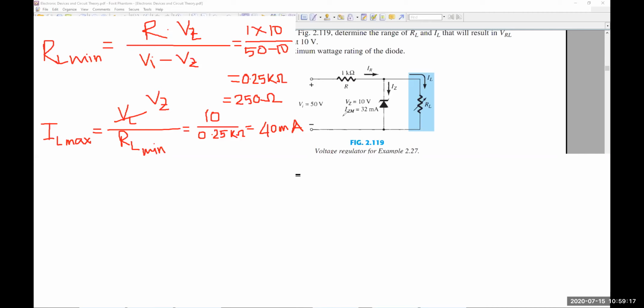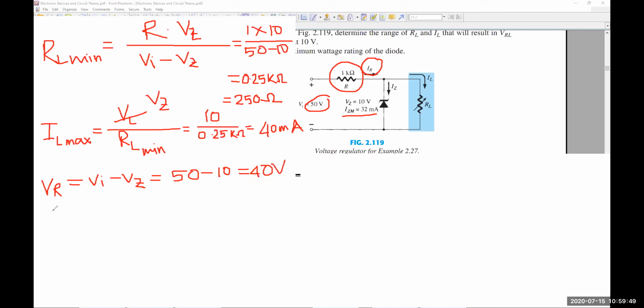Now remember, your IZM is given also, that is 32 milliampere. Okay, now we have to find out the VR and IR. What is our VR? VR is equal to VI minus VZ. VI is equal to 50, VZ is equal to 10, so you get 40 volt.